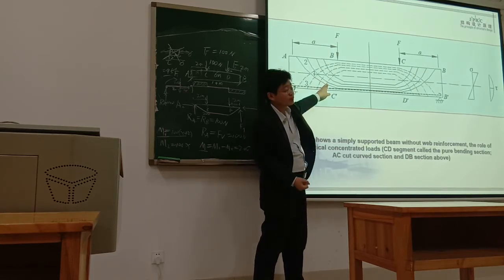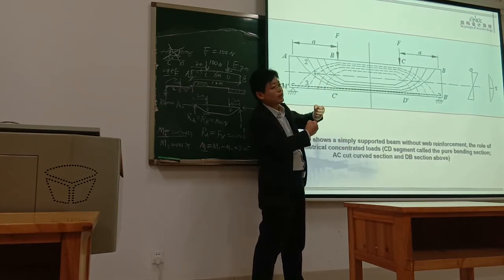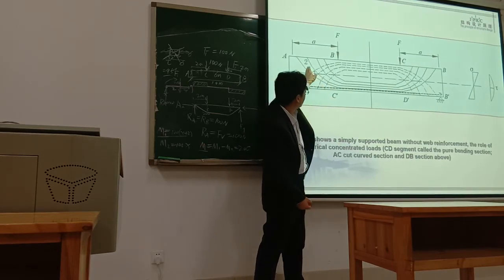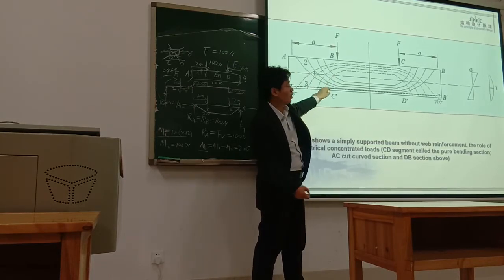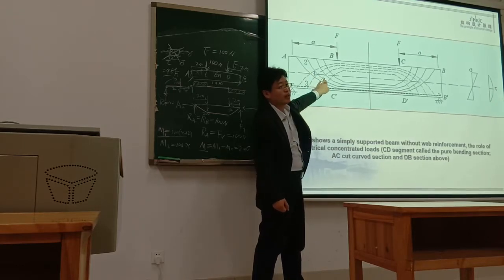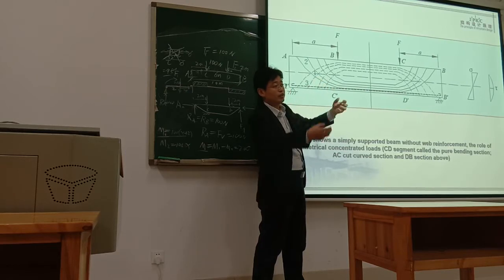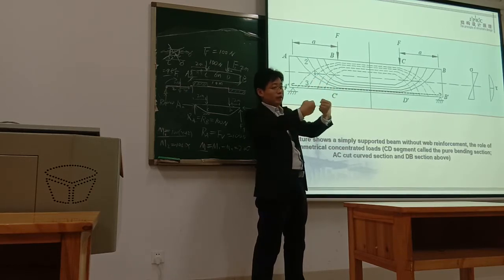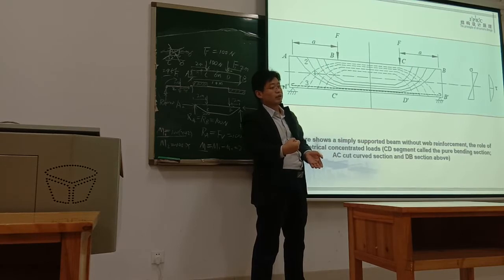that means it will generate a crack along this line, see, because the force is in this direction. Of course, the crack is in this direction. If you pull this direction, then the crack is in the vertical direction.